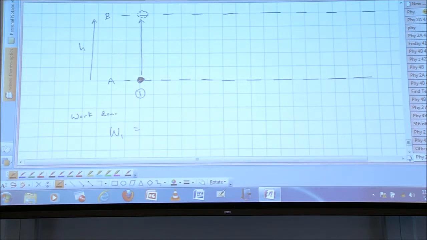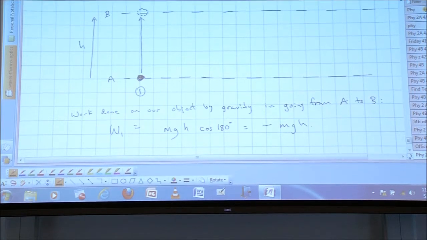Work done on our object by gravity going from A to B. So it's the force of gravity times the distance times the cosine of the angle between them, right? Minus mgh. We good with that?